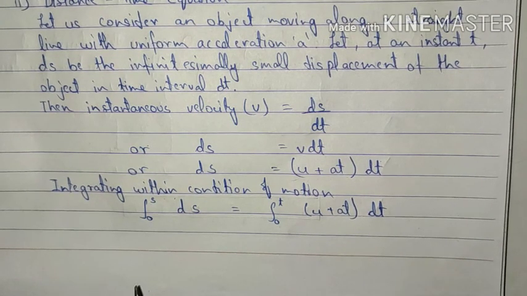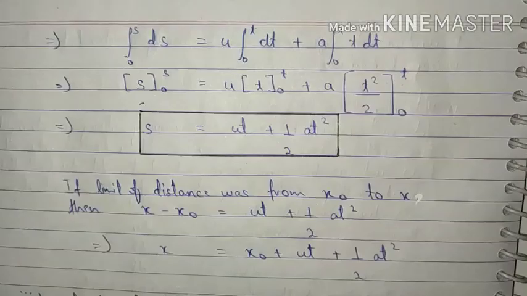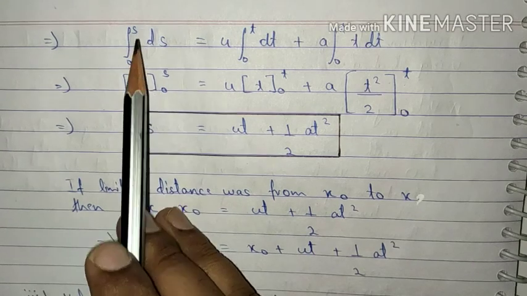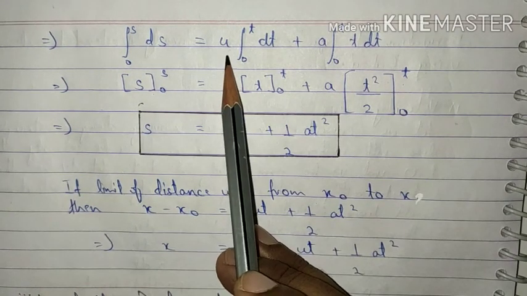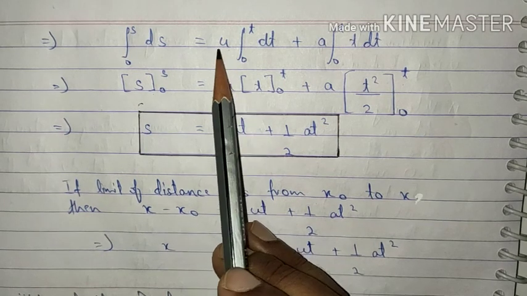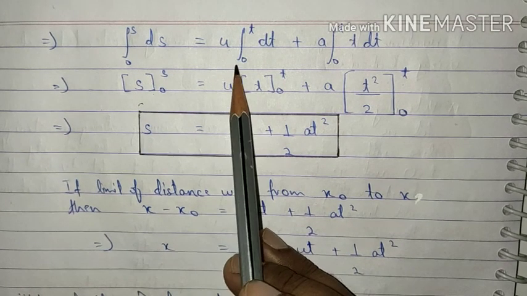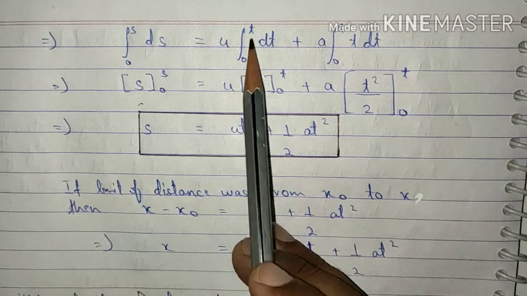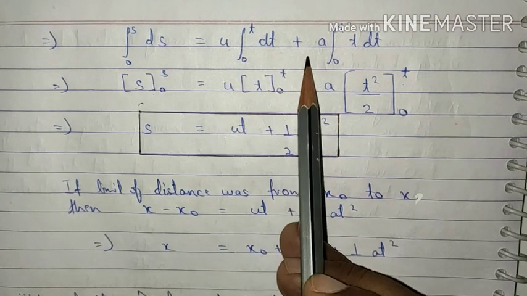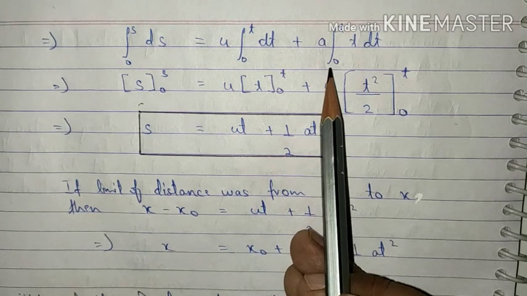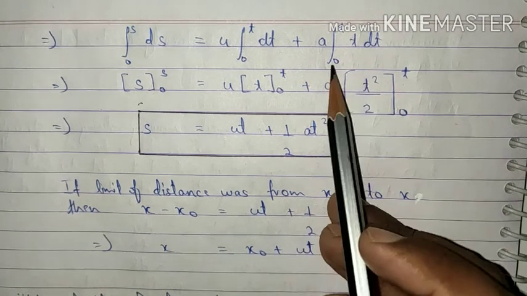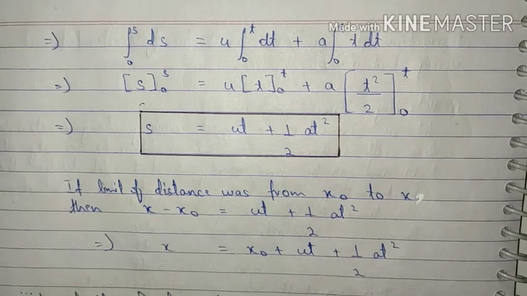So integrating it between these limits, we get integration of ds from 0 to s is equal to, because u, that is the initial velocity, is constant, it has been taken outside the integration sign, so it becomes u times integration from 0 to t of dt, plus again a being constant has been taken out, so it becomes a times integration of t dt from 0 to t.